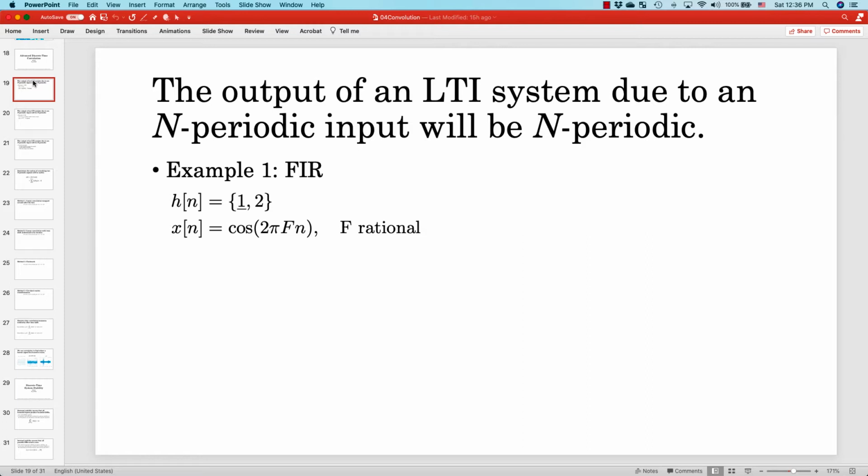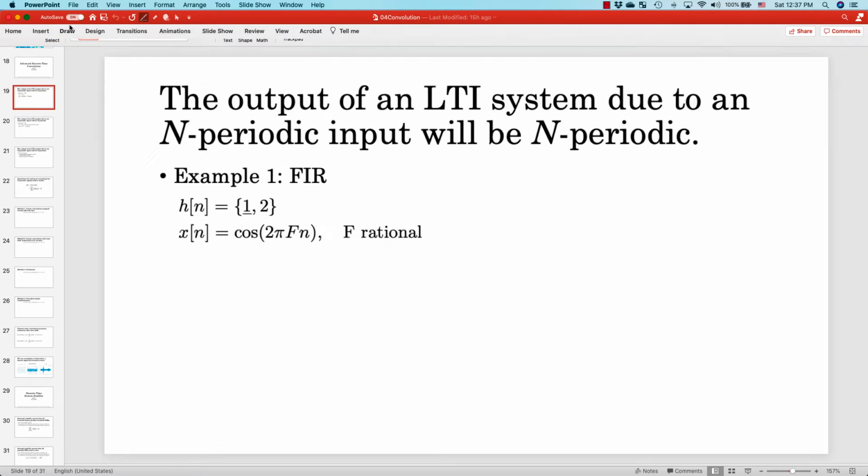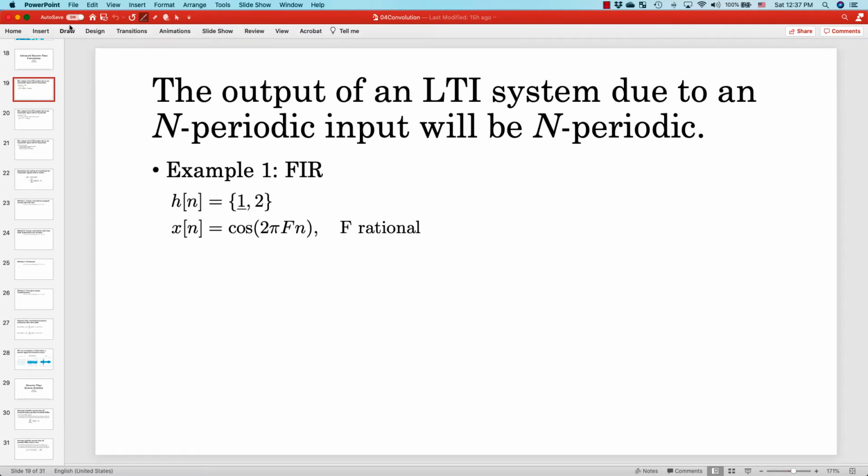So for example, the easiest example to do is a finite impulse response filter. This statement is true for arbitrary periodic inputs, but let's put in this cosine that has a rational frequency, which of course means that this is a discrete time cosine that is periodic.